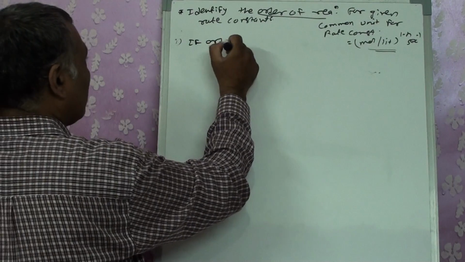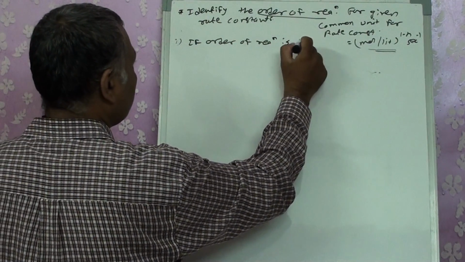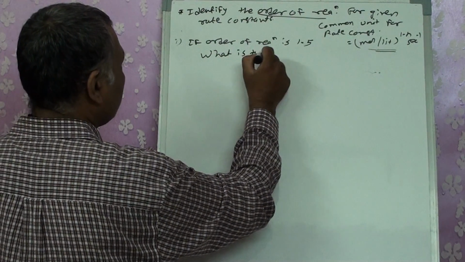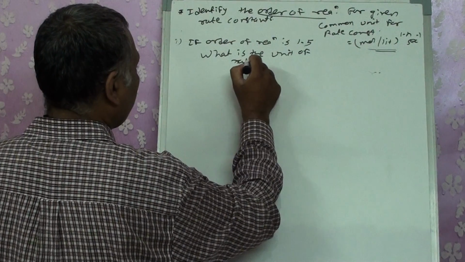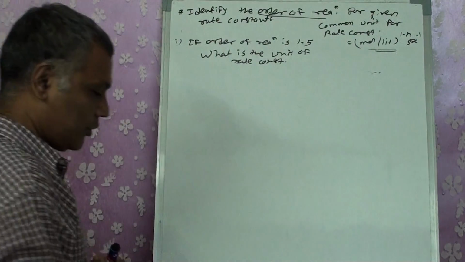If the order of reaction is 1.5, what is the unit of the rate constant? This time I am changing the question.